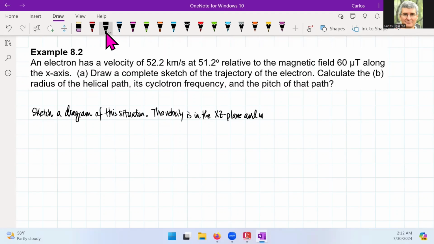And we need to pick a coordinate system that will be useful.